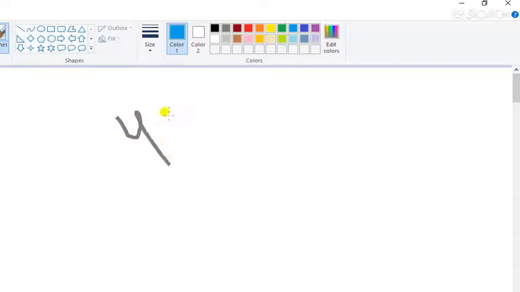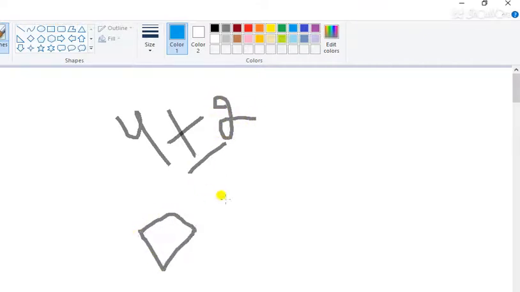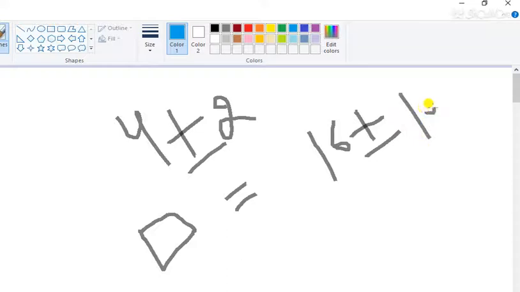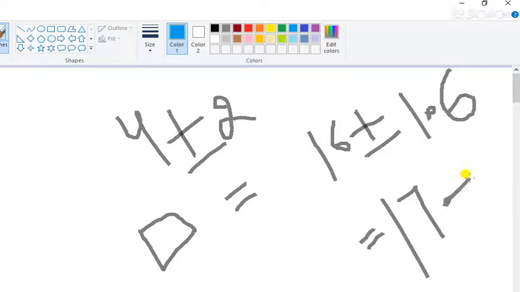So when we have to find the value of area, if it is a square, then its area value is 4 into 4, 16, so 16 plus minus 1.6.